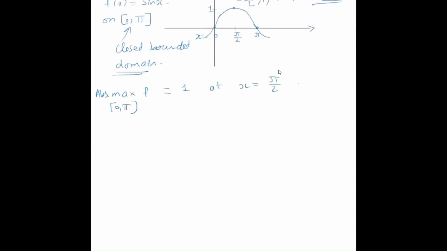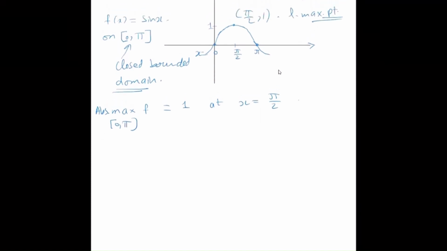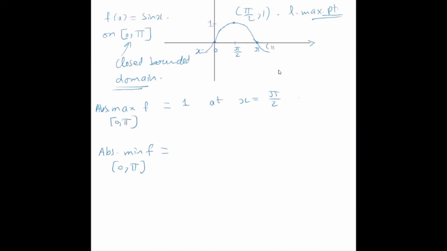What about minimum? Do you see the minimum in this interval? Yes. Over this interval, where? What is the value? At the point 0 and the pi, what is the value? The value of the function is 0.